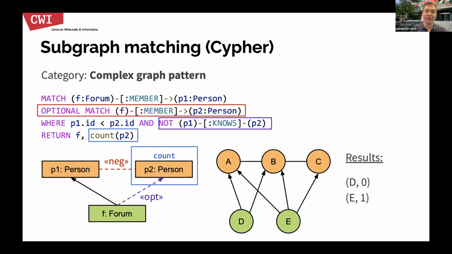It's an optional match, and we count those. And we see in this particular result of this, well, maybe strange query, that we also get a count of 0. And this is where the equivalence with relational data management would point you to an outer join, because otherwise a count of 0 would not appear. So the optional match is actually causing that you also see this count of 0.